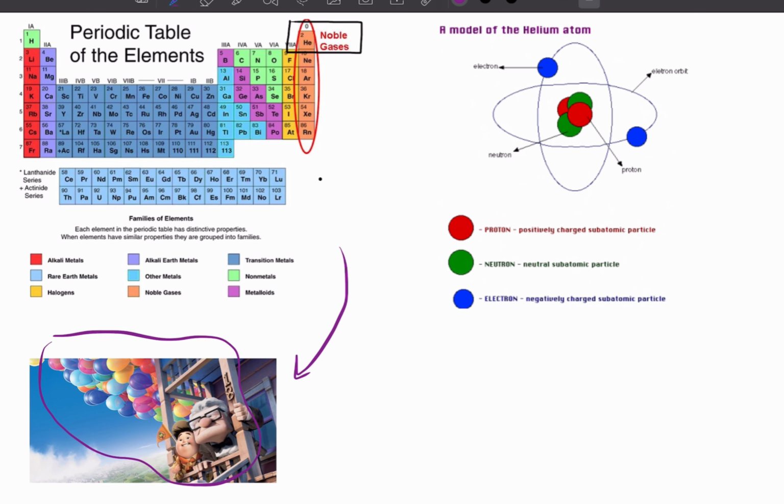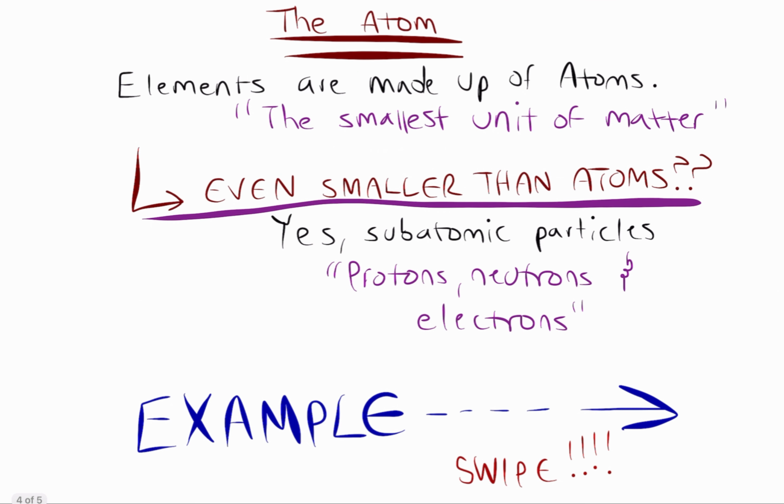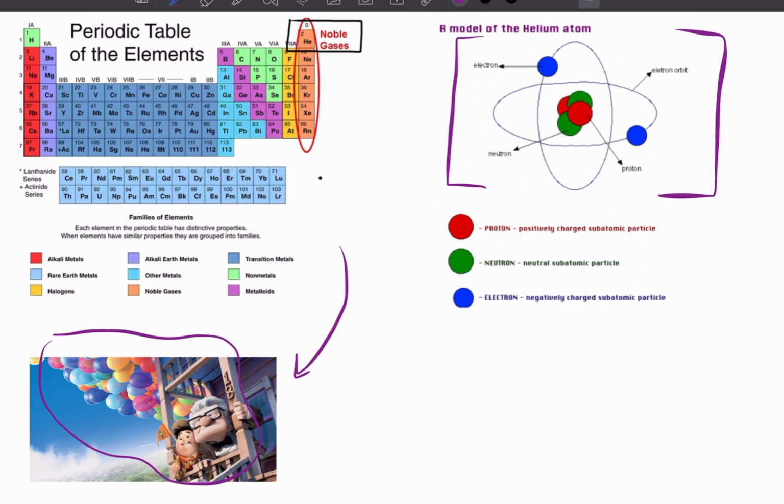It's a very light gas, hence why the balloon is able to float, right? So if we look at this helium, this whole thing is the helium atom, and that's exactly what we talked about in this last slide, where matter is made up of elements, and then elements are made up of atoms, right? And this is the whole helium atom here.